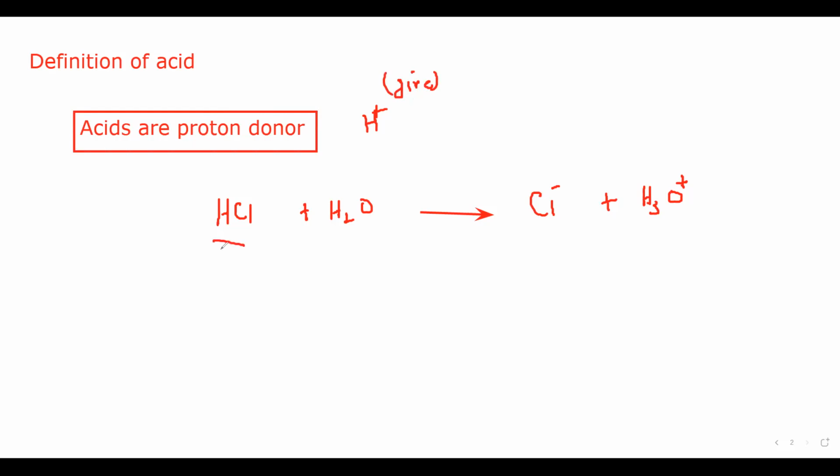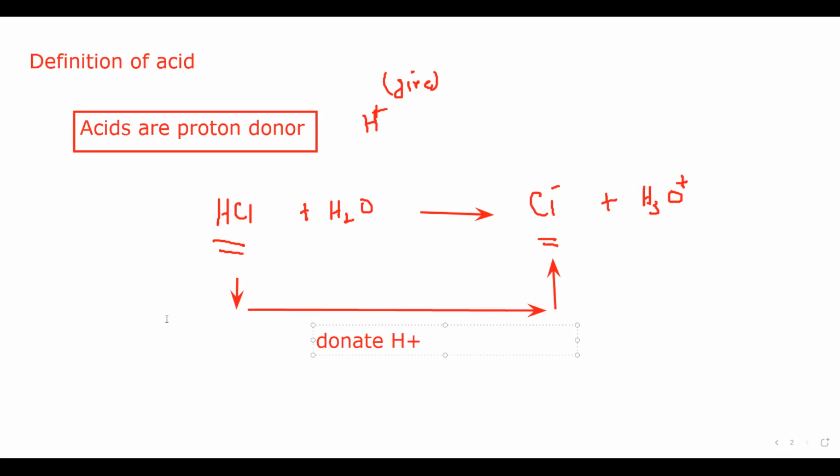So when you check, first it is HCl, then it becomes Cl. What happened as HCl turned into Cl? Does it donate proton or accept proton? It donates a proton, and whenever a substance donates a proton, a hydrogen ion, we call that substance an acid.